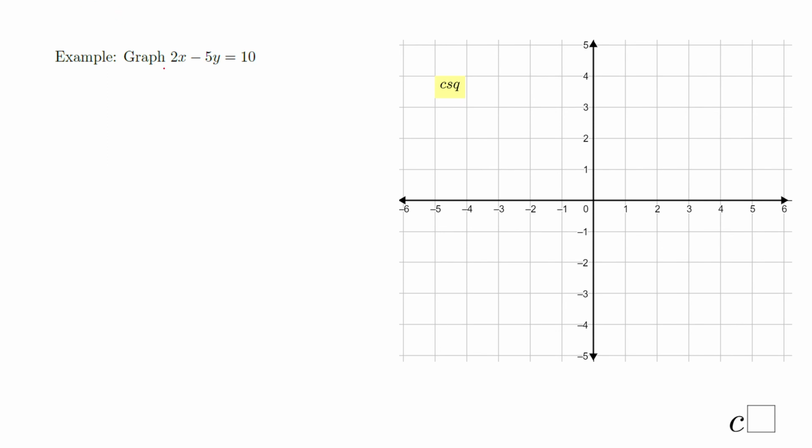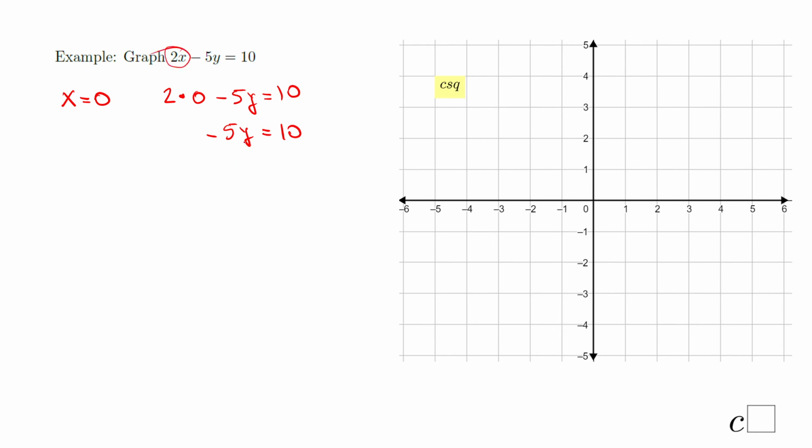And we have this one, graph 2x minus 5y equals 10. So you want to make x equal 0. If you remember, that's one of the things I did in the previous problems. So I'm going to have 2 times 0 minus 5y equals 10. 2 times 0 is 0, so we have only negative 5y equals 10. This method is very good because right away you can see, hey, this guy is gone.